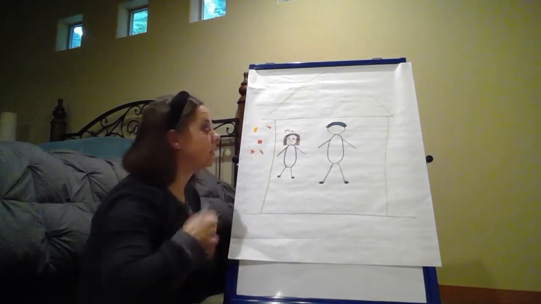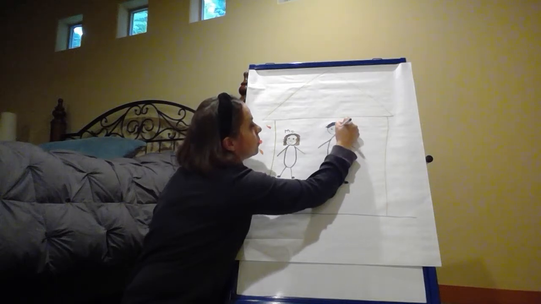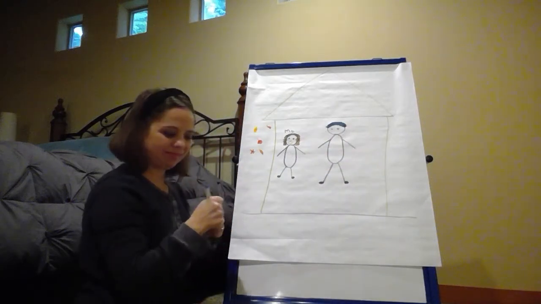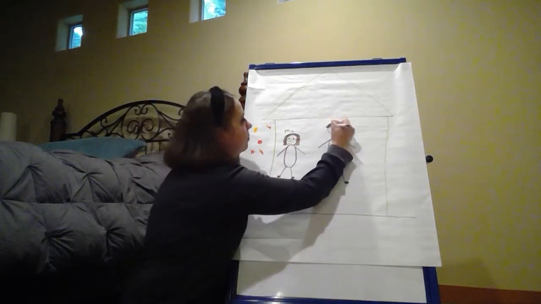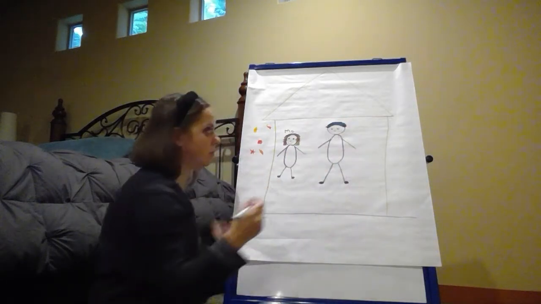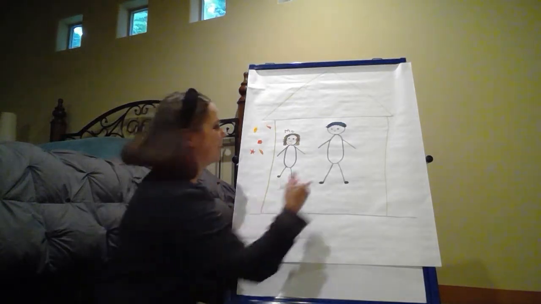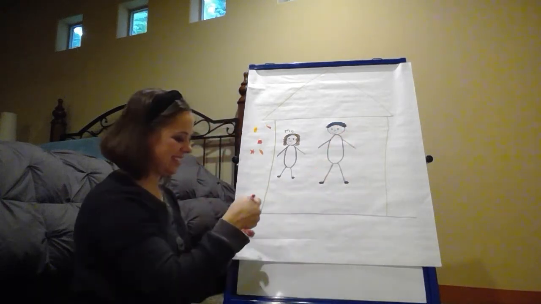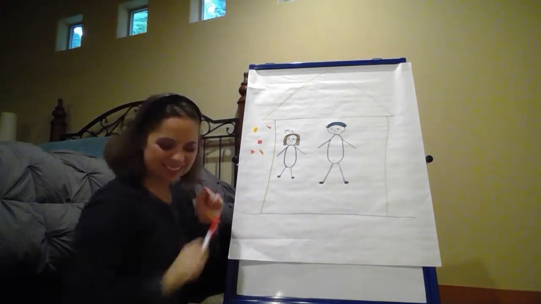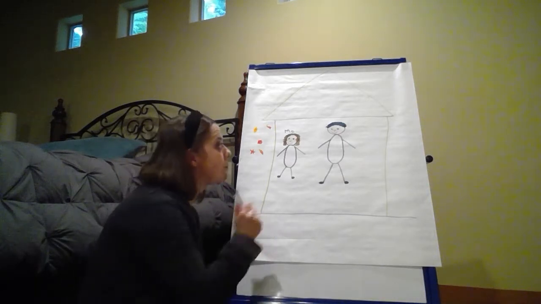I'll use my blue marker. 1, 2, and he also has 1 nose. And 1 smile mouth. Okay, I'm all done drawing him, so I'm ready to label.